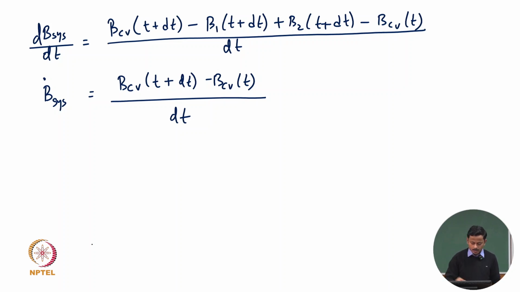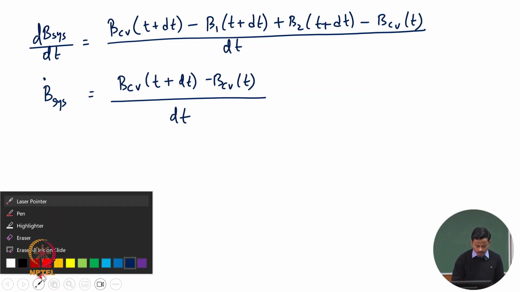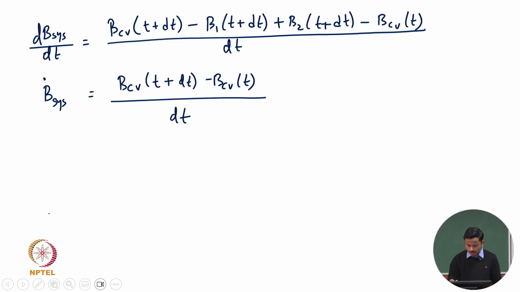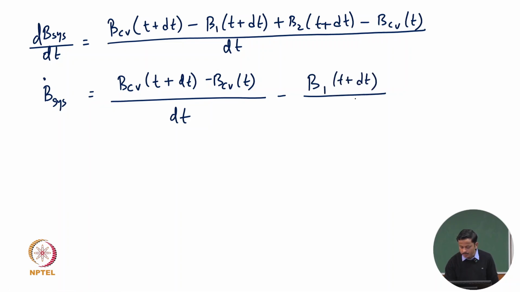As you might have already understood, this B_CV at t has been taken here, and both of these are clubbed together to make things slightly easier for us to understand. Minus B1 at t plus dt by dt, plus B2 at t plus dt by dt.